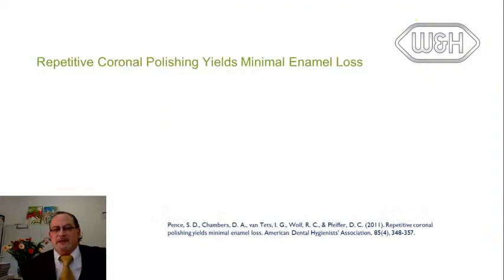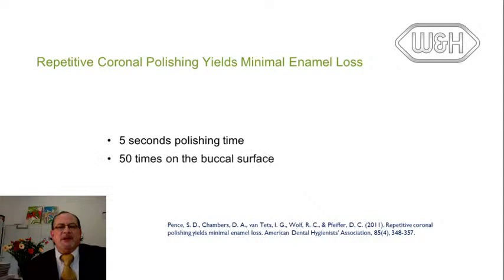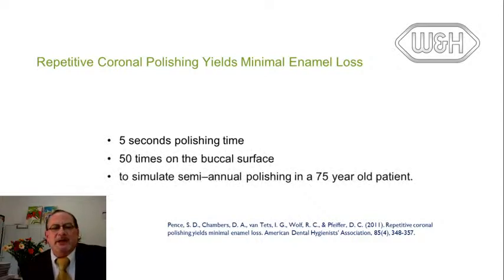I would say that 2,500 rounds per minute is a little bit quick, but nevertheless, 5 seconds of polishing time, 50 times on the buccal surface to simulate a semi-annual polishing in a 70-year-old patient that got the diagnosis of periodontitis at the age of 50.